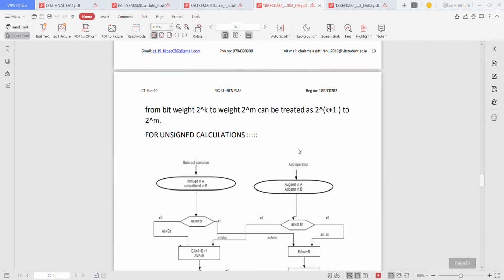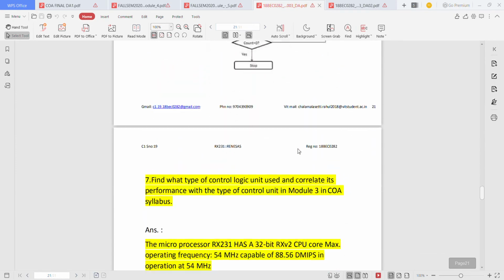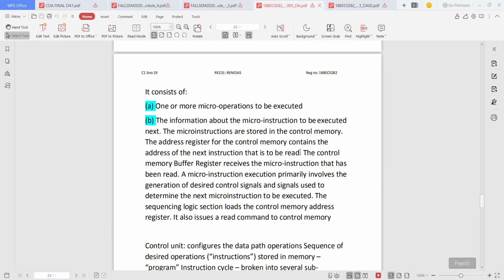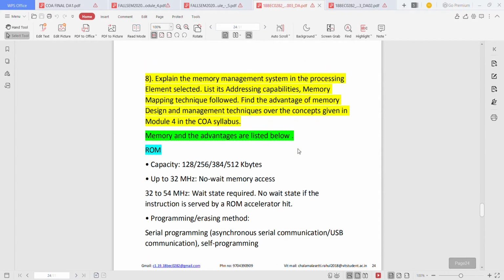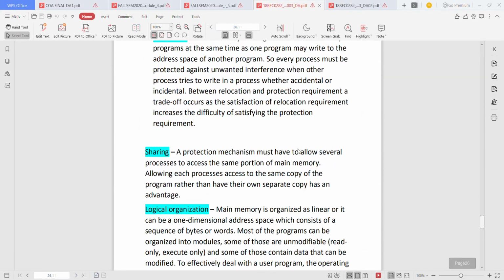And this is the whole thing of what I did about this DA1 with the help of our professor.